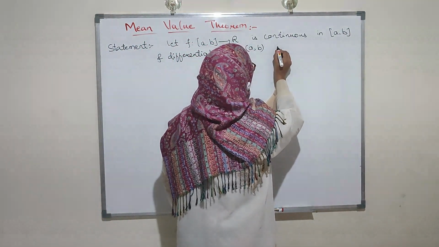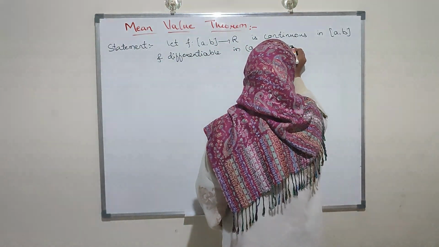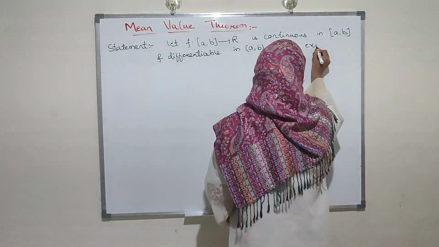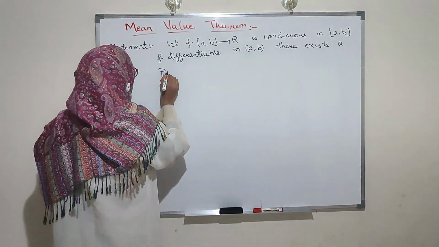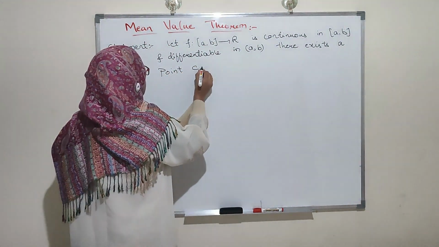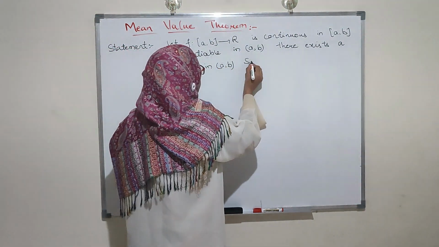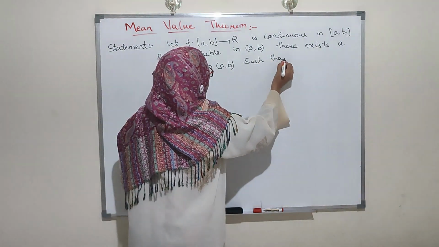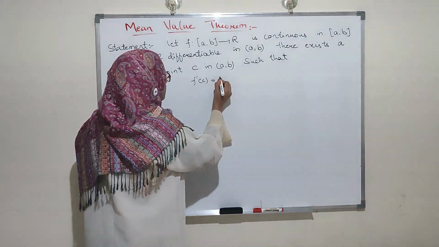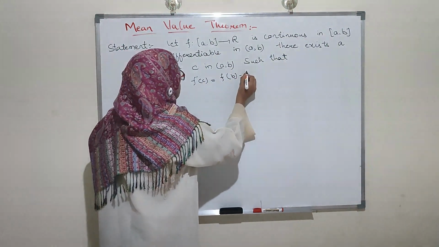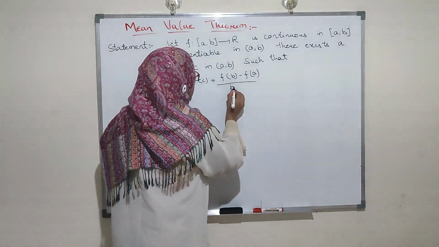Then there exists a point c in the interval (a, b) such that f dash of c is equal to f of b minus f of a, whole divided by b minus a.